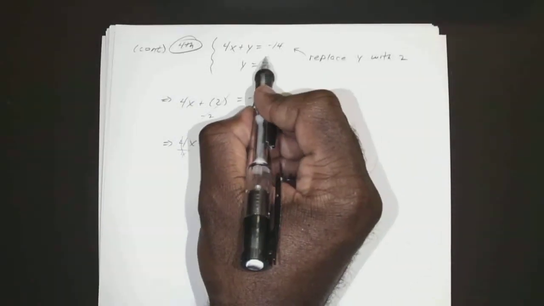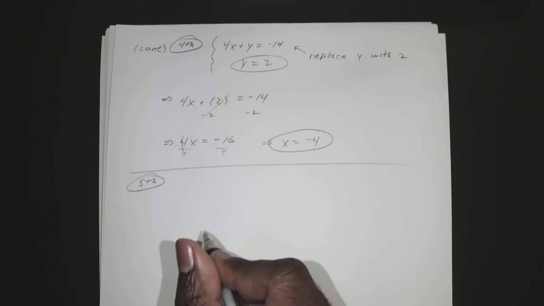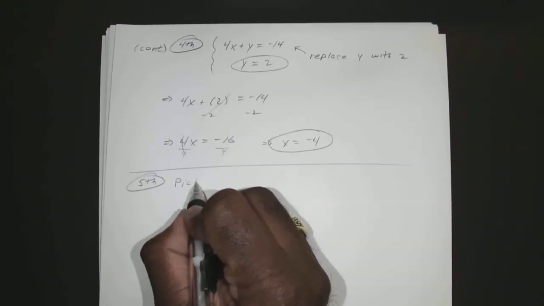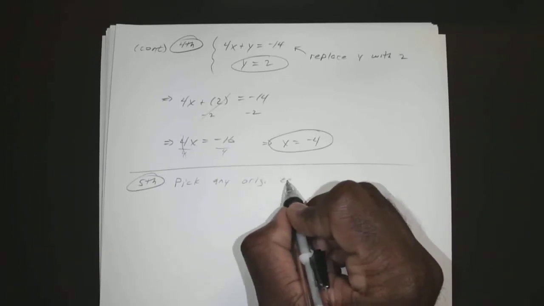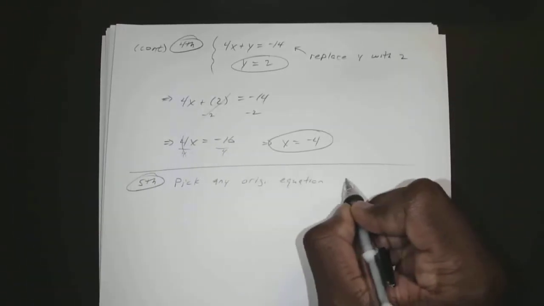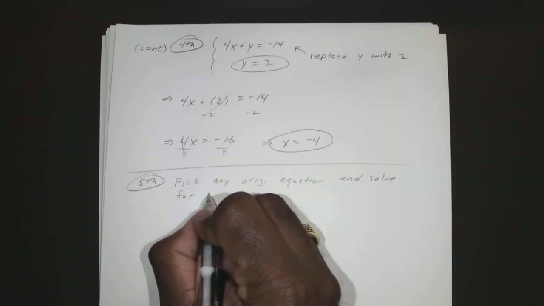Okay, so you have your y equals 2 already, and your x equals negative 4. So now you go back to your original 3 equations, pick any one of them to plug in those 2, and solve for your z. Pick any original equation and solve for z.